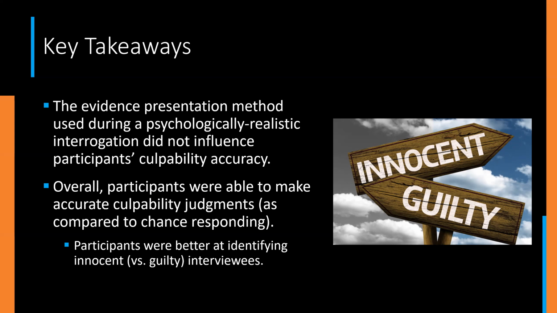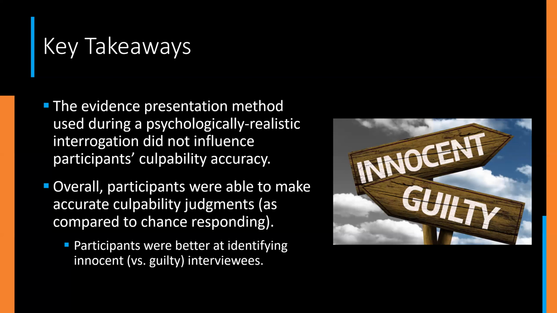Overall, this lack of effect of evidence presentation on accuracy of judgments is different from what we see with past SUE research, and this may be a function of the question we asked. We didn't ask, was the person in this interrogation lying or telling the truth? Instead, we asked, were they innocent or guilty of the transgression that they were being accused of?